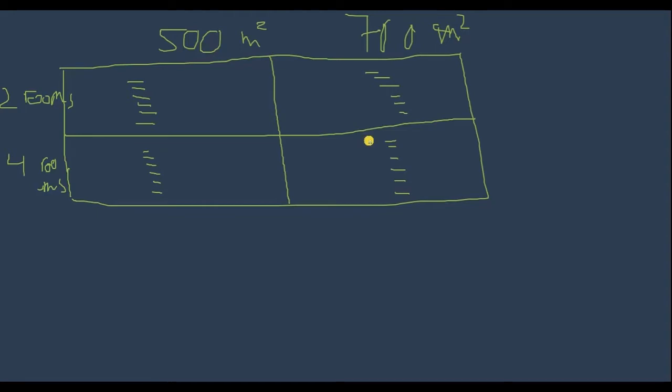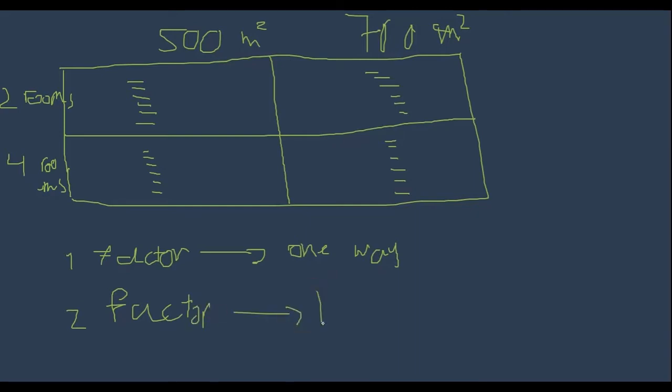When we say one-way ANOVA, we are studying just one factor. So if we have just one factor, then we have one-way ANOVA. And if we have two factors, then we have two-way ANOVA.